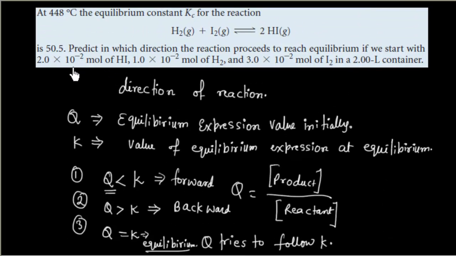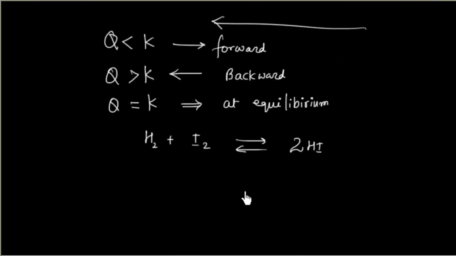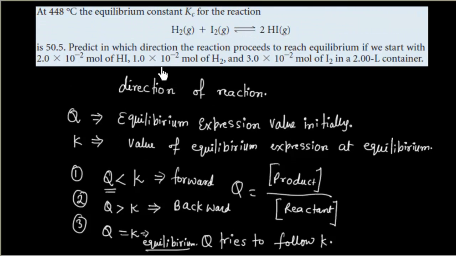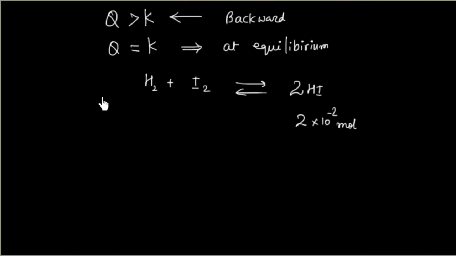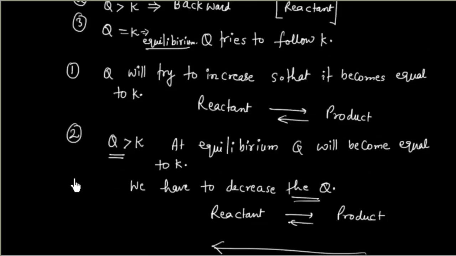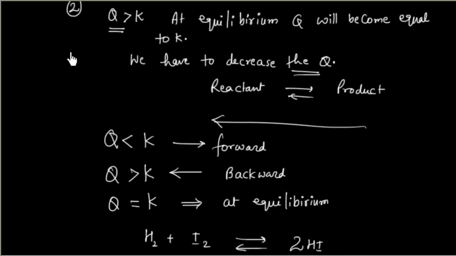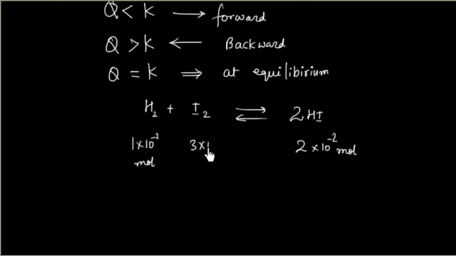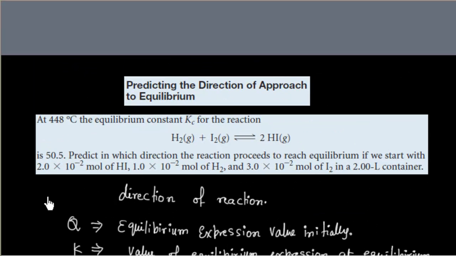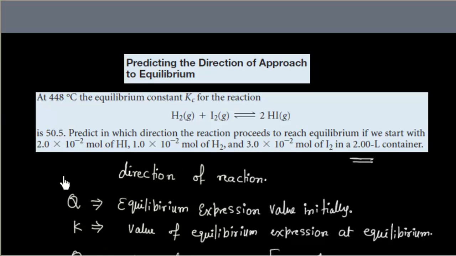Initially we have 2 into 10 to the power minus 2 mole of HI, 1 into 10 to the power minus 2 mole of hydrogen, and the moles of iodine is 3 into 10 to the power minus 2. And the volume of the vessel is also given, that is 2 liter.